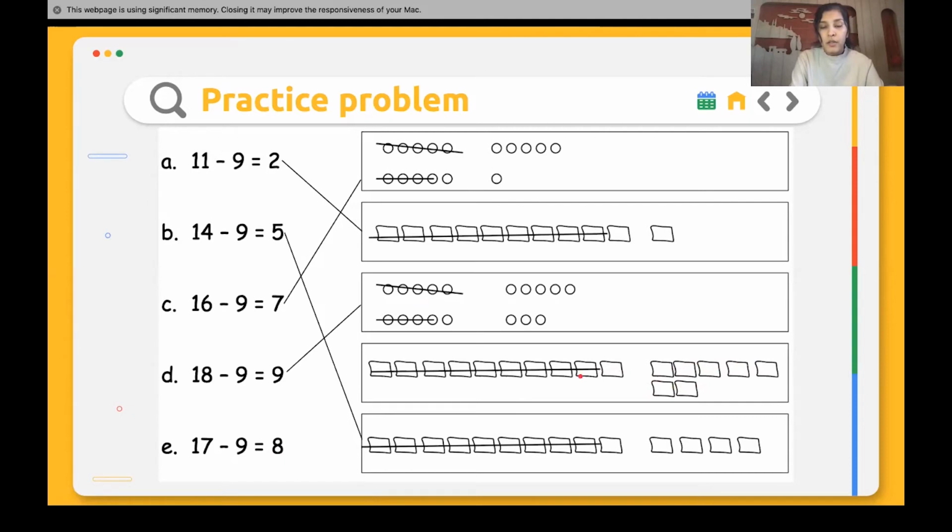And then there's 1, 2, 3, 4, 6, 7, 8, 9 crossed out. So this is the 17 minus 9 equals 8 because 8 plus 9 equals 17. So there we go. Those are all the ones that match. Good job.